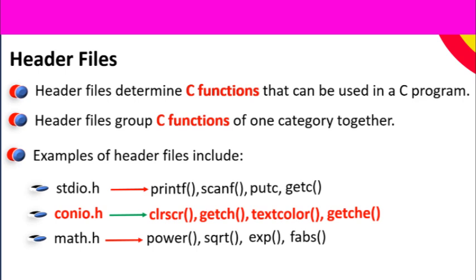But the idea is conio.h is not applied in some compilers. So you may find that if you try to use conio.h in some compilers, you will get an error message because it is not recognized.